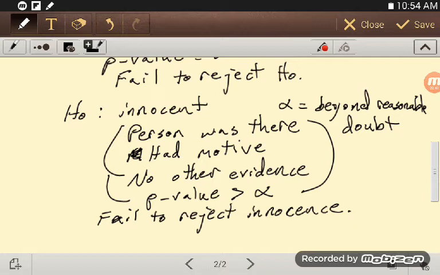Okay, because we just didn't have enough evidence to get our probability small enough. And again, you have to make that probability in relation to H0. So here, the person's innocent, the person was there and had motive. Does that make the probability that they're still innocent mighty small? No. Who knows? What was it? A big bar fight or something?